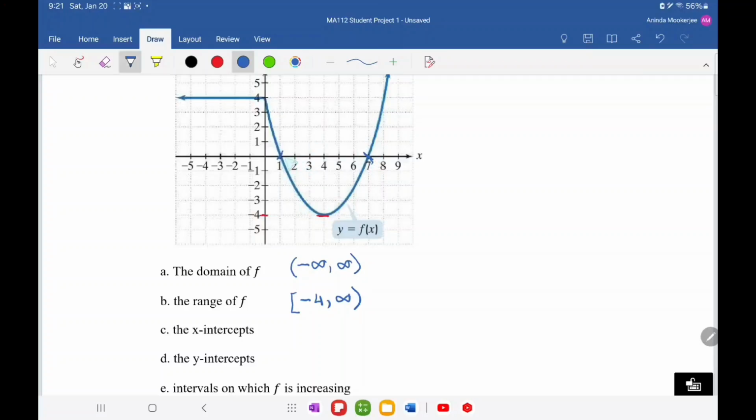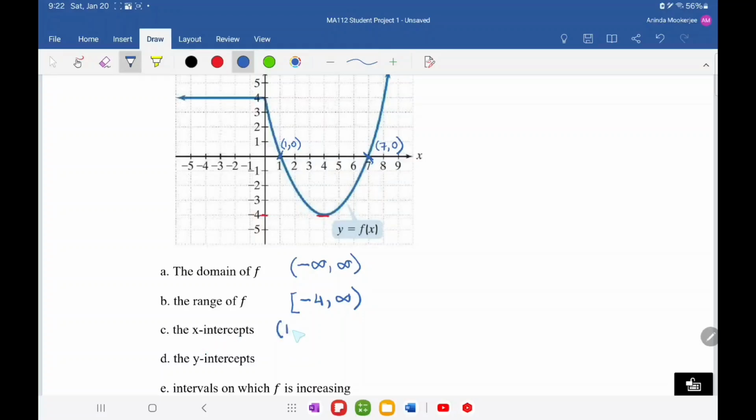Remember, at the x-axis, the y value is always 0. So I'm going to write it as 1, 0. And on this side, for this intercept, it's 7, 0. So those are the x-intercepts.